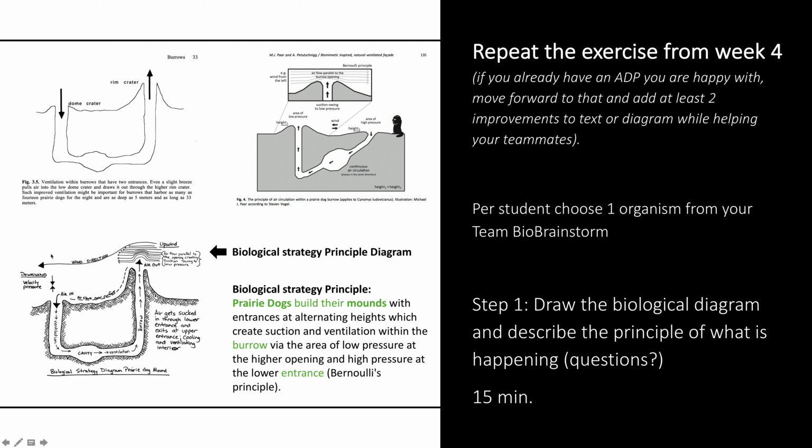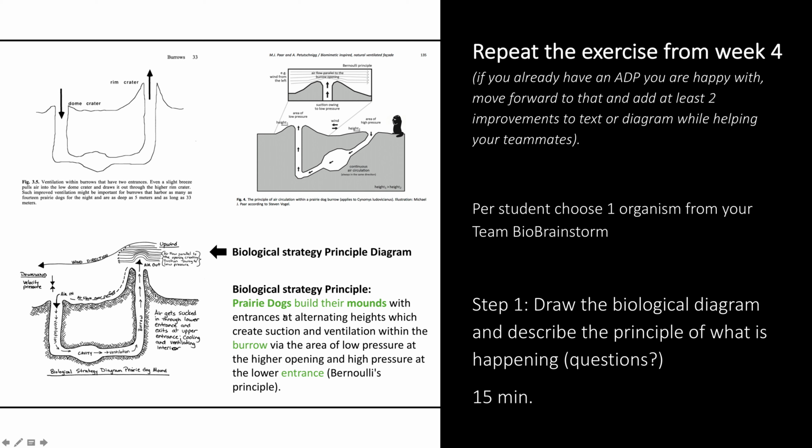This is called Bernoulli's principle, as we talked about before. Bernoulli's principle, sorry, especially for Italians. And so you are explaining the shape, actually, of what is causing this reaction. The shape and the form of the burrow is causing this reaction.